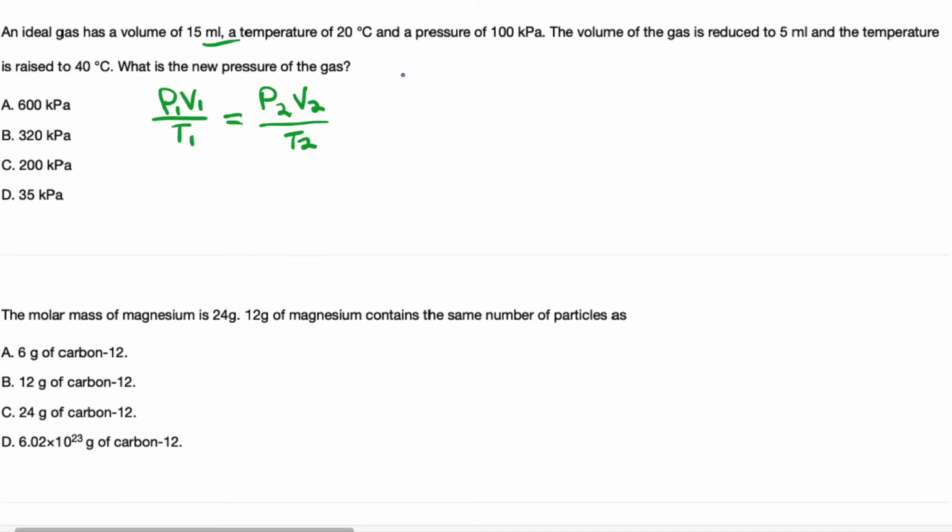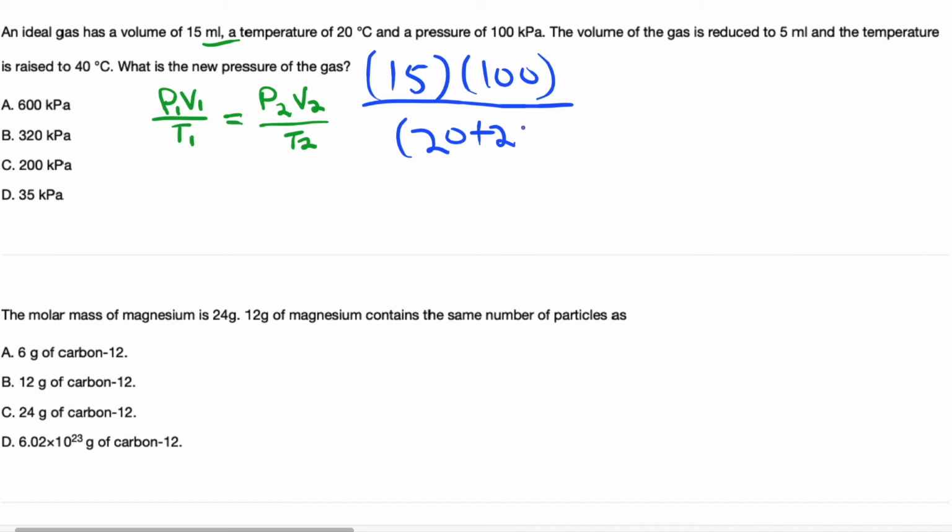So 15 multiplied by the volume here is 15. Now the pressure is 100 divided by temperature. And the temperature needs to be in Kelvin, so we are going to convert that to Kelvin. And the reason why I'm not doing the unit conversion is because both sides are in milliliter. So I know the unit is going to cancel out.